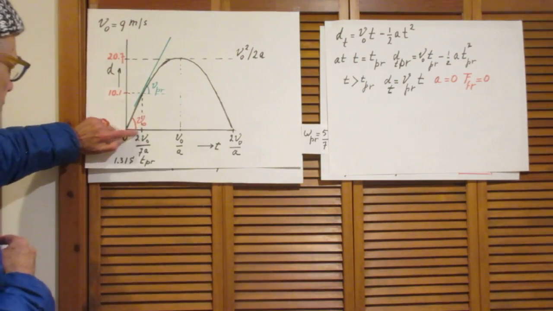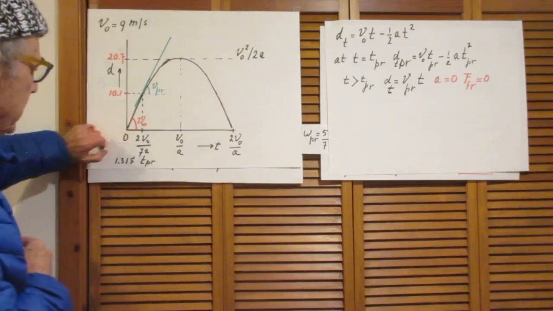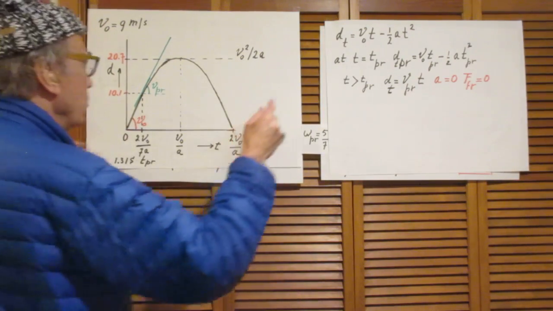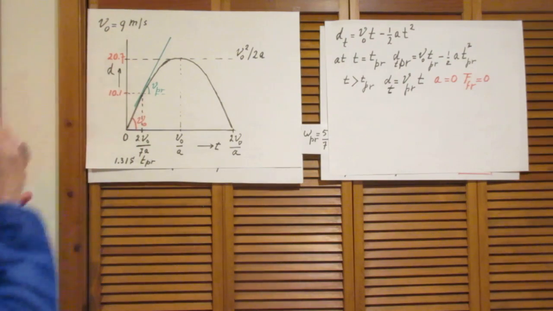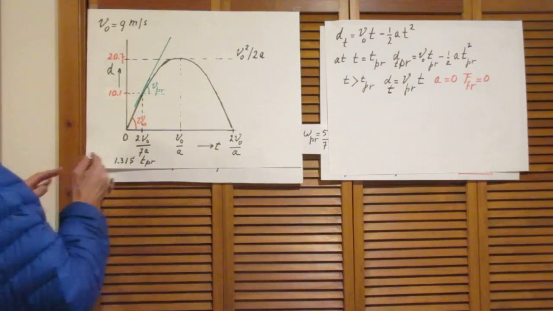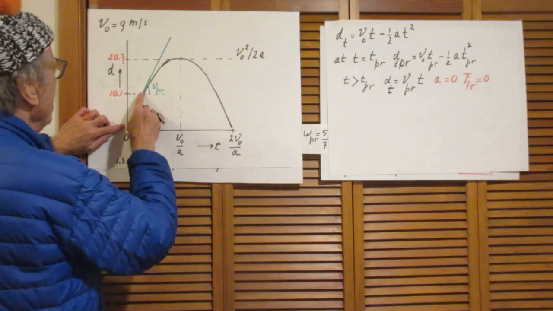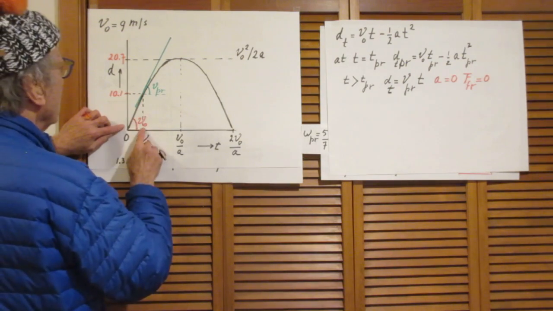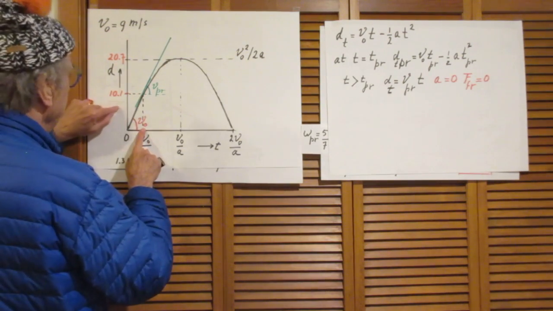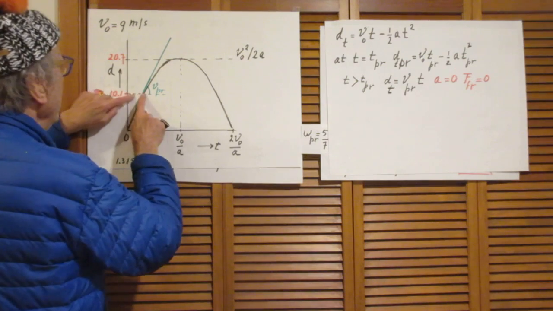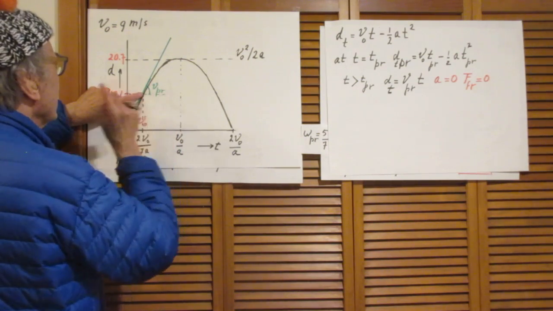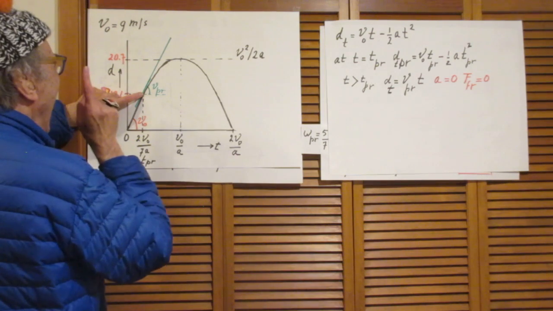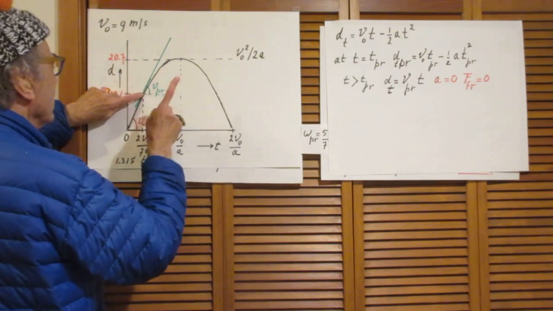So you can substitute now this time into that equation, and obviously you find 10.1 meters because we did that before. So once d is this high, the speed now is v pure roll, and that speed will no longer change.